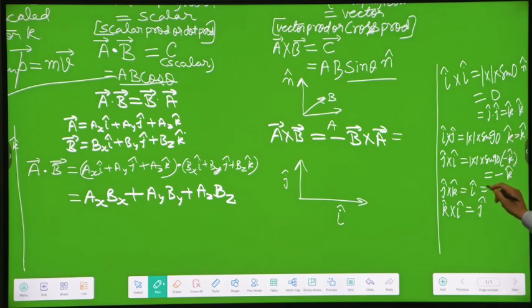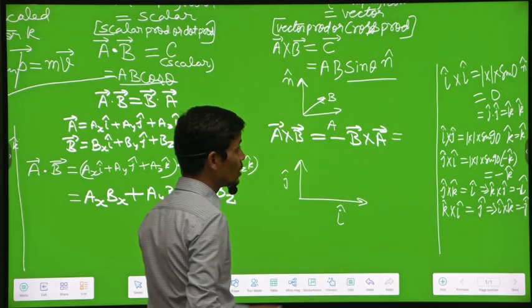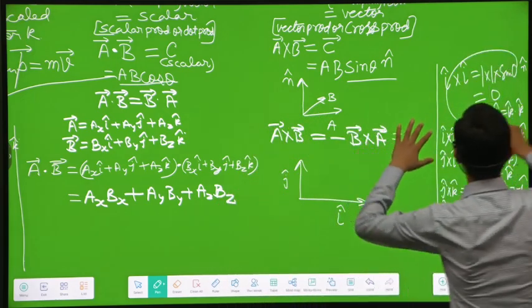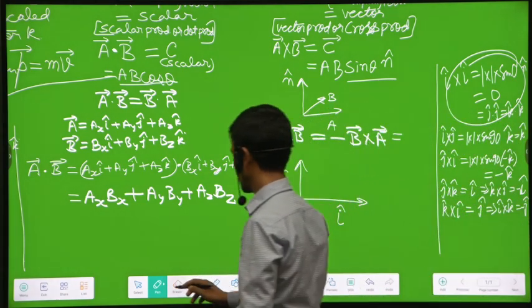And if we take it in the opposite manner, k cross j is minus i cap, and i cross k is minus j cap. So you can see 3 combinations vanish here, and 6 combinations remain there.